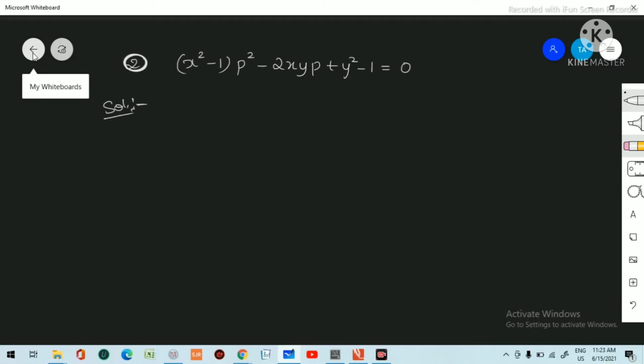Either they can ask solve, or they may ask find general solution and singular solution of the given equation. Is it fine? 2 ways. One is solve, or second one is find the general solution and singular solution.